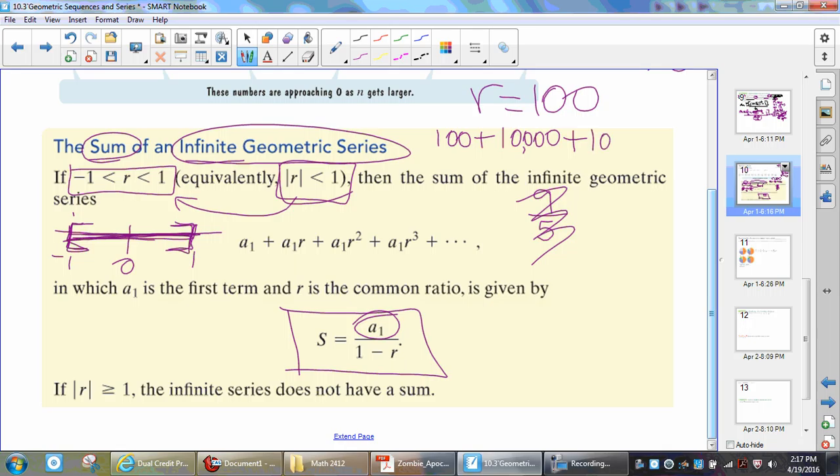A million. 6 zeros, guys. And then my next term will be even bigger and bigger and bigger. So what will happen to my sequence? It will go kind of out of control, and eventually it will reach infinity. So that's why we restrict it to only when the ratio is in that range. Okay?